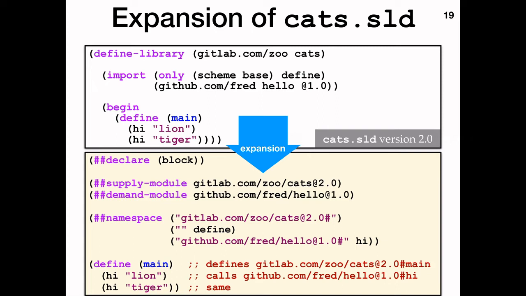Here's an expansion example, the cat module. It expands to a declare block, followed by the supply module and demand module. In the supply module, you see the fully qualified name.